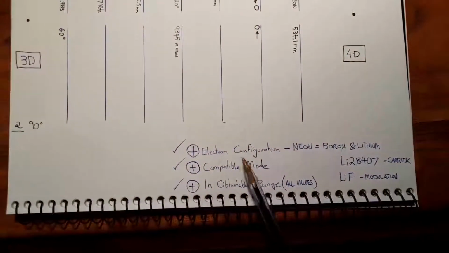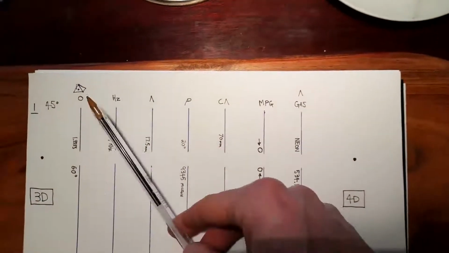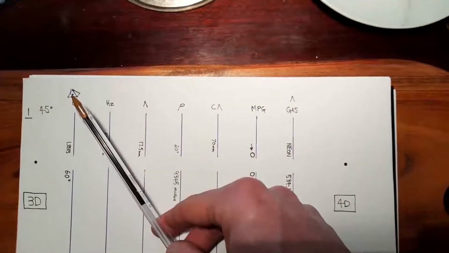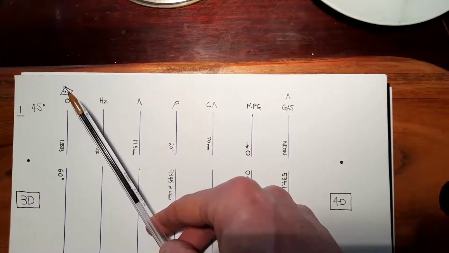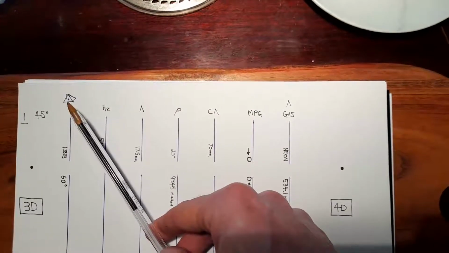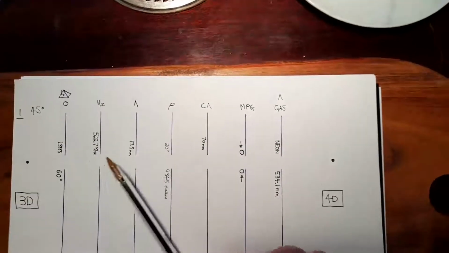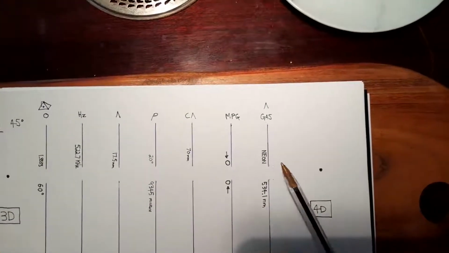So it all must marry up, and so you have to find the compatible mode, and if you can't, then you can't achieve it. If one of these is out of range, this could be too big. This pyramid might calculate out to being kilometers high, or it might calculate out to being 1 millimeter high. It all must marry up, and so you have to find the secret combination.